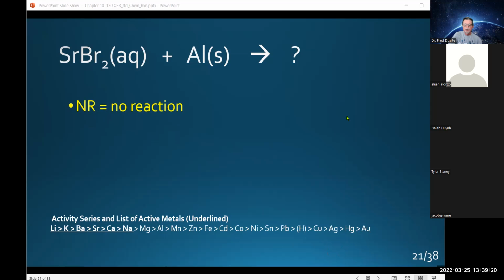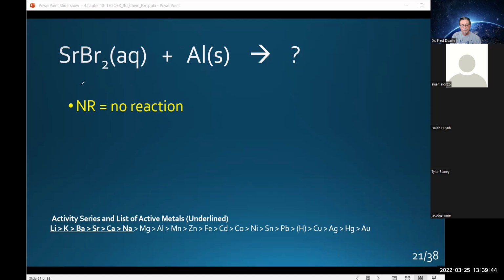Okay, so what this also tells you is, guess what? The reverse would be a positive reaction. What do I mean by that? Instead of starting with elemental aluminum, we start off with aluminum in a compound form.